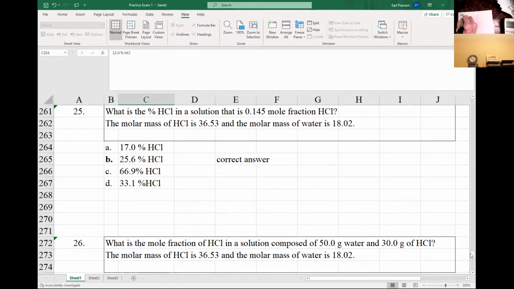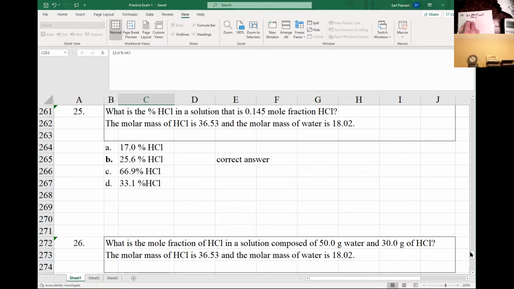So we want to do percent. What is the recipe for percent? It's going to be the grams of the solute divided by the total grams, and then times 100. That means I've got to get these data from what was given. I was told the mole fraction.